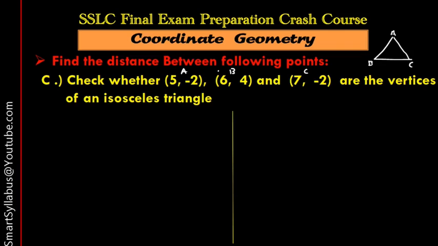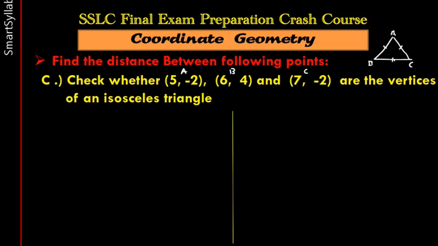Now AB, in the sense distance between A and B. Next BC, distance between B and C. Next, the third side is AC, distance between A and C. So we have to find 3 different distances now. In other words, we have to apply the distance formula 3 times. After applying the distance formula 3 times, we will get different lengths.